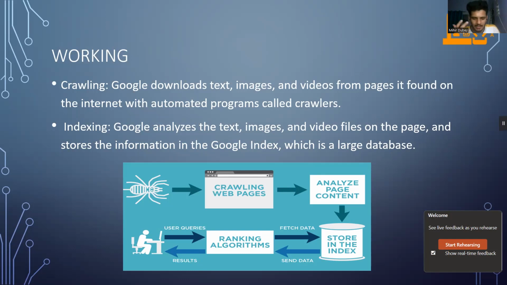We can set the sites, like Wikipedia and Quora, and different types of sites to search whatever we want. The process is: crawling web pages, analyzing page content, storing in the index, then sending data to the ranking algorithm and other steps.